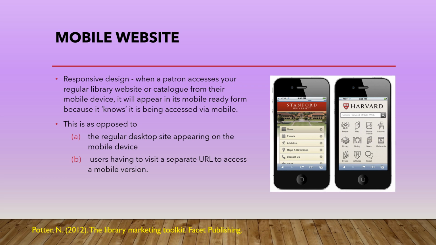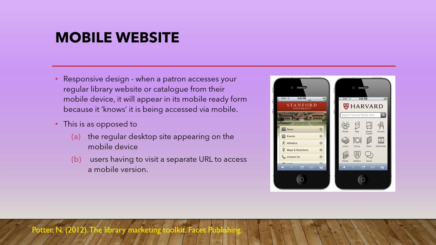Like in this picture, it is the Stanford University and the Harvard library websites. It's a bit different in the desktop form than in the mobile form. So it's called the mobile website.